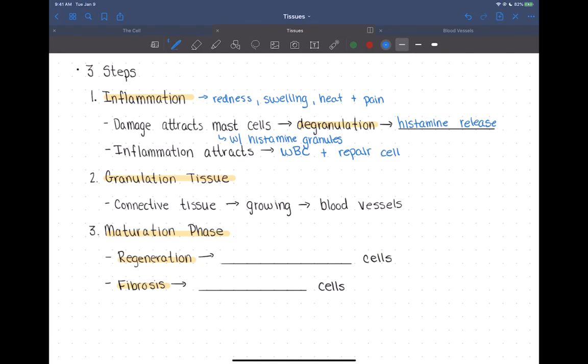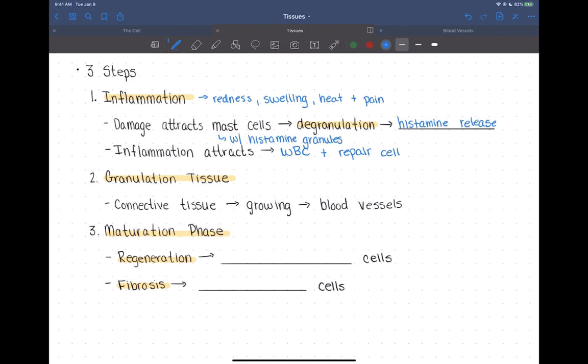Granulation tissue is connective tissue that is actively growing and repairing that area. It's kind of like a construction site. You have the connective tissue growing and repairing, and there are lots and lots of blood vessels to allow more cells and nutrients to get to the area.